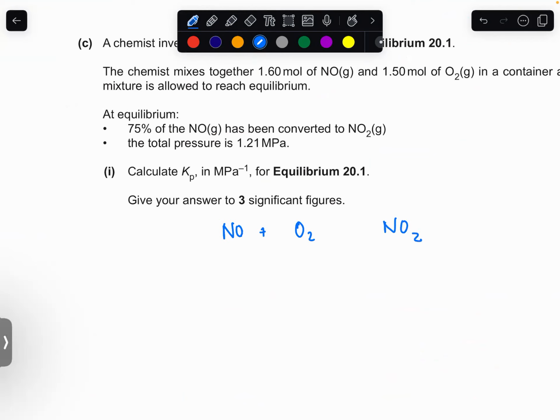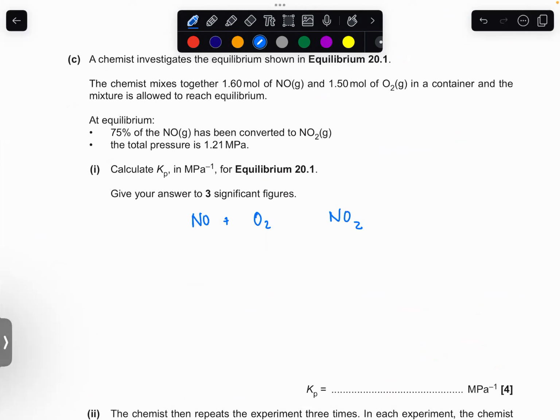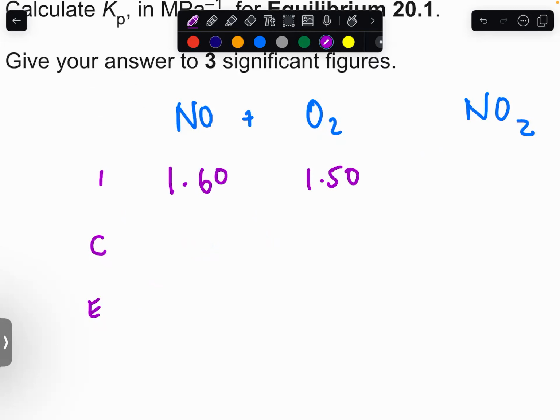So it tells us that the chemist mixes 1.60 moles of NO, 1.50 moles of O2 in a container and allows the mixture to reach equilibrium. We are going to use the ICE table. What does ICE stand for? Initial, change, and at equilibrium.